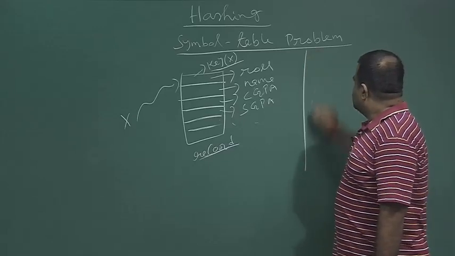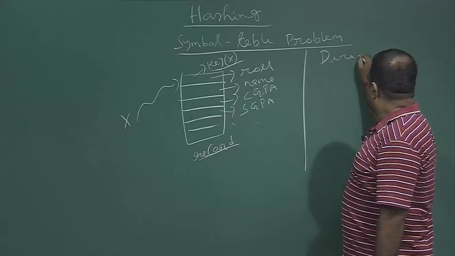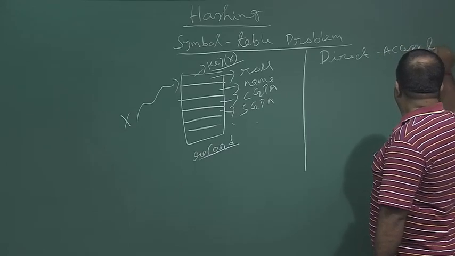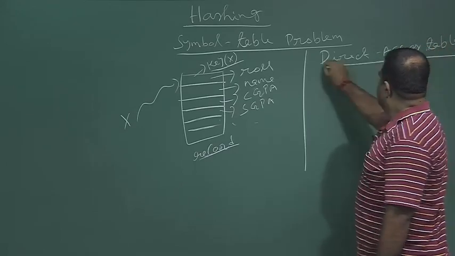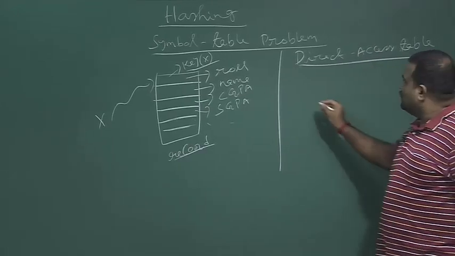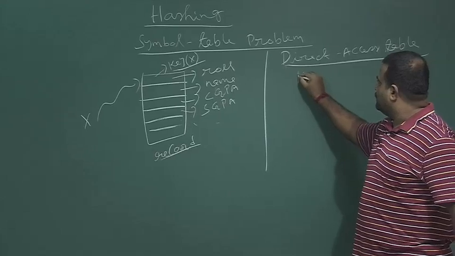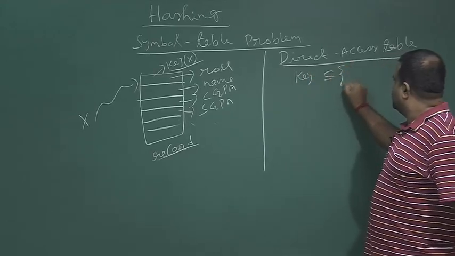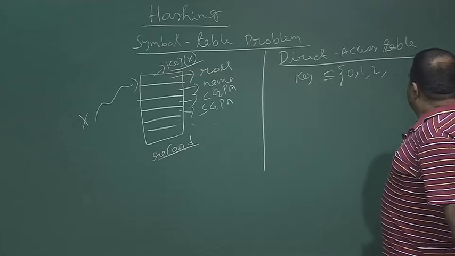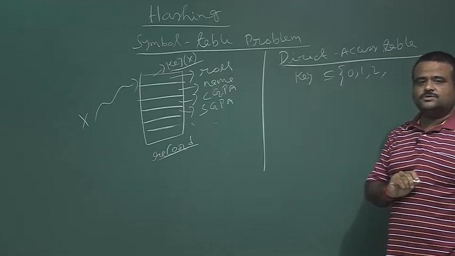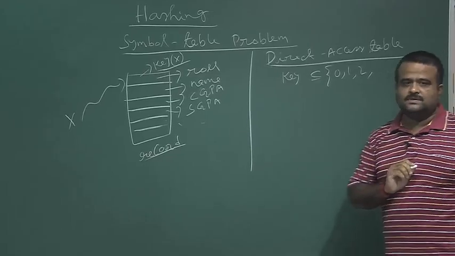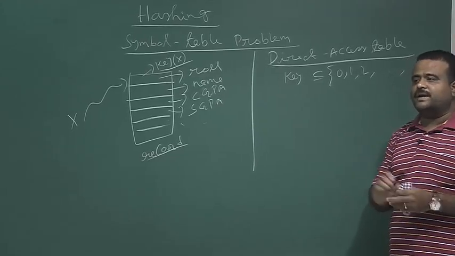One solution is the direct access table. It is basically an array. Suppose we know that the key values of our records come from a set. Suppose this is our set, of size L, some numbers; the key value can go up to this.